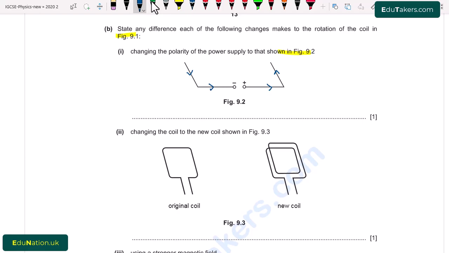I write here changing polarity. The current flows in the opposite direction and the rotation will be in opposite direction. First of all, rotation is anti-clockwise. Here rotation will be clockwise. So I write rotates in opposite direction.